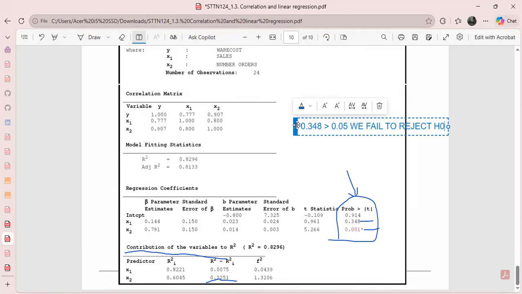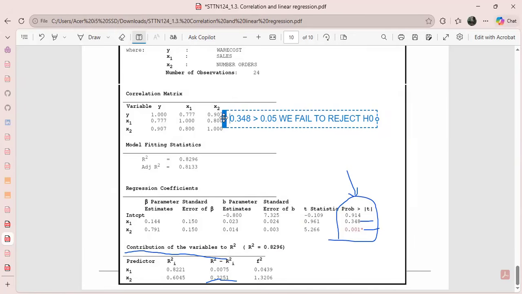The minute you fail to reject H0, it is not statistically significant. Then let's go to the other one. You want to look at the question. If they want the variables that are statistically significant, then you're not going to take this one. But if they want the variables that are not statistically significant, you're going to take this one.